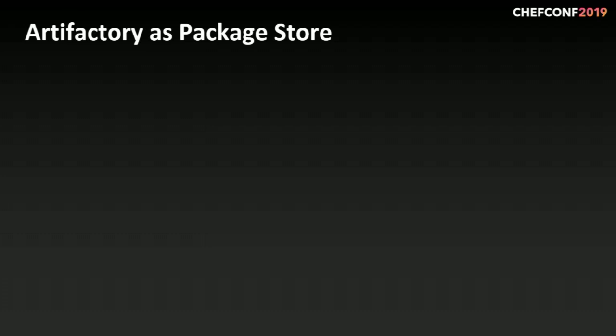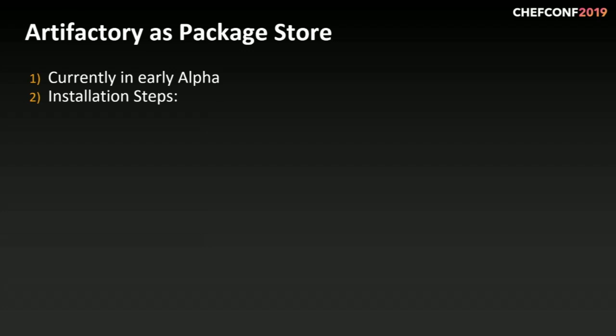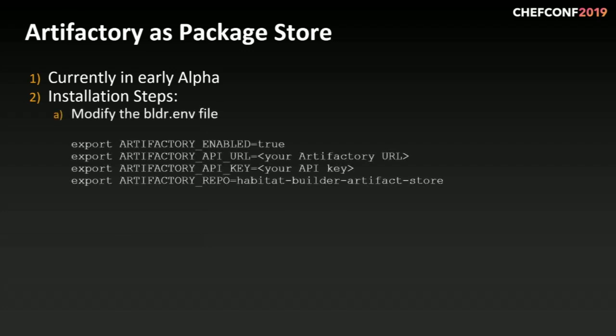Now, I said, bring your own package stores, Minio today. We do have an alpha that we just released for Artifactory as a package store. And it's really fairly easy, right? There's only 3 things we need. We need to set the enabled to true. We need a URL for where your instance is and your API key. And if you want to change the repo name, you can change it, but there is a default. And then you just run the install script for on-prem.